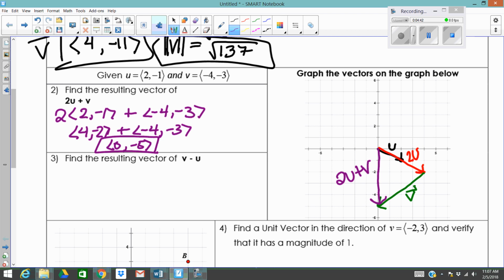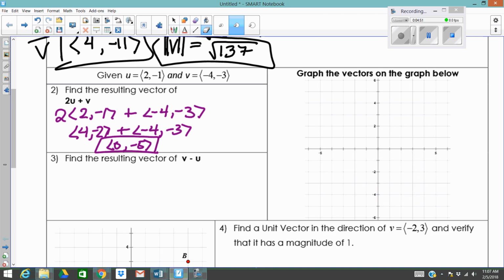Find the resulting vector of v minus u. I'm going to erase this work here. Let's first start with vector v, which is ⟨-4, -3⟩. So I'm going to go left 4, down 3, from the origin. So there's my vector v. And then minus u.